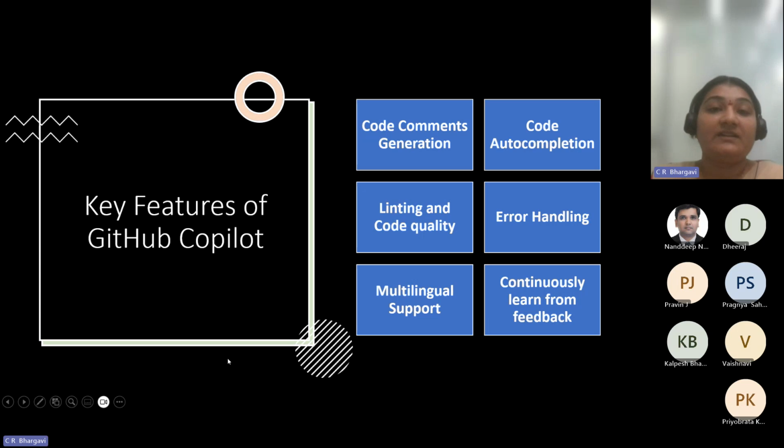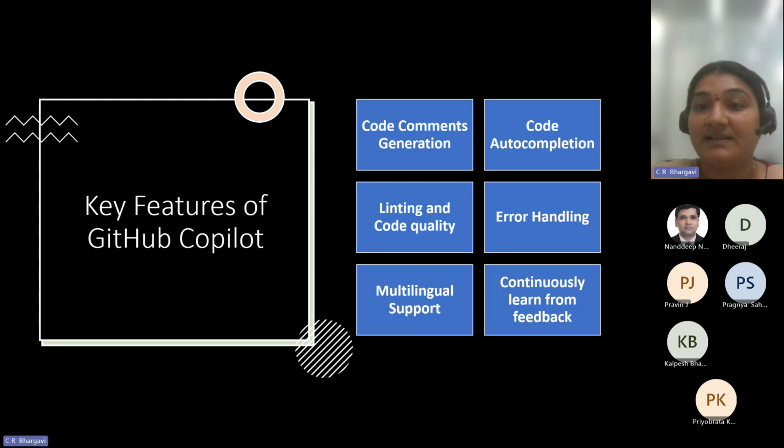Coming to the key features of GitHub Copilot, it is used for code and comment generation. When you want to write some comments in the code, it does it for you. And if you are writing code and want it auto completed, it also does that for you.